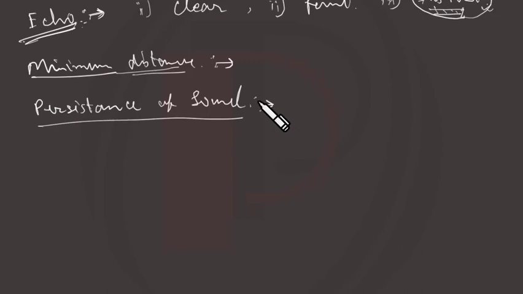When we hear something, remember one thing, our brain cannot recognize two sounds at the same time. They must be some time apart from each other. How much is that? When our brain recognizes a sound, that sound persists in our brain for 1/10 of a second, or 0.1 second.